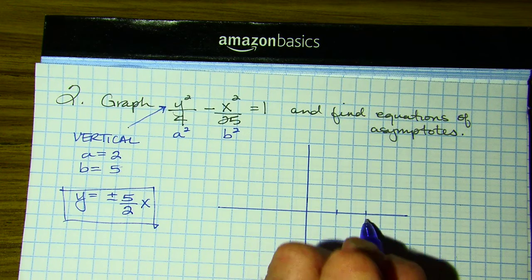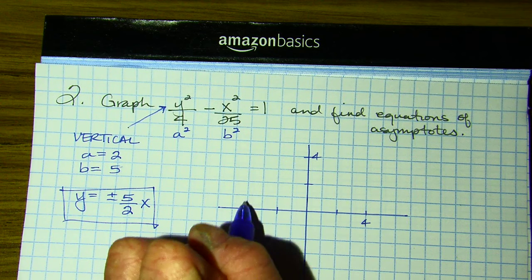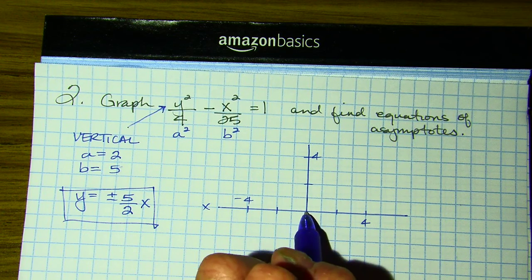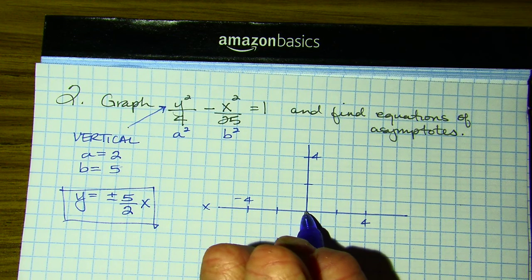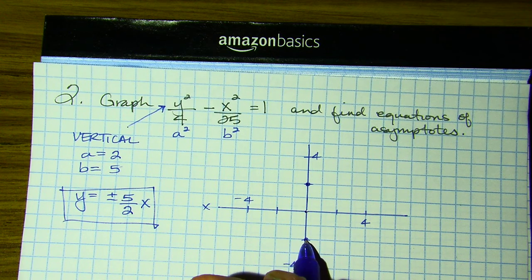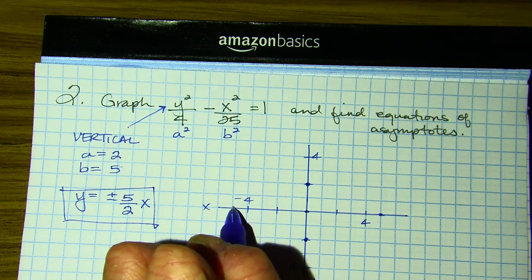So 2, 4, 2, 4 on the axes. Because I'm starting at 0, 0, and this is vertical, a is now up 2 and down 2. And then from the center, b is to the left and right.